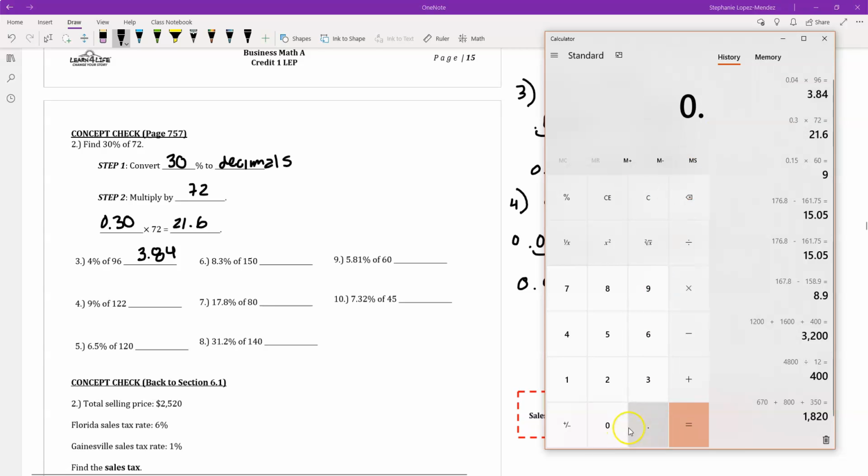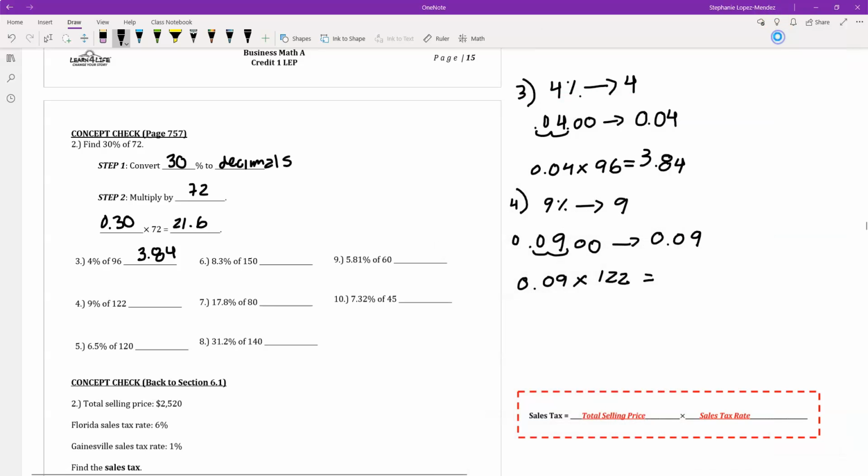It has 0.09 multiplied by 122. That is 10.98. So my answer here is 9% of 122 is 10.98.